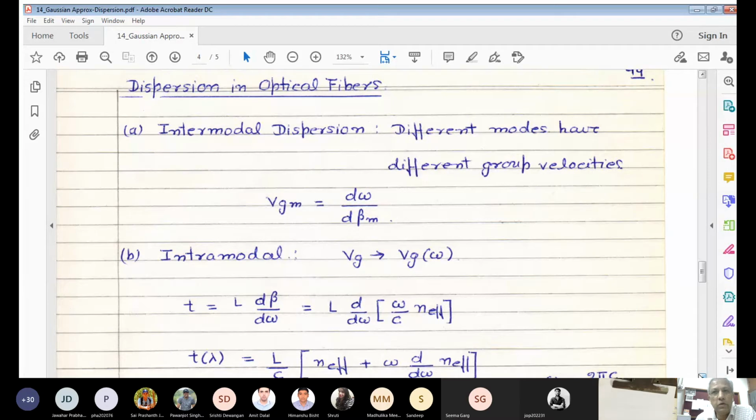Now this intermodal dispersion can be completely removed if I select the fiber parameters in such a way that the V parameter is less than 2.48 and only one mode is excited. Then there is no question of different modes, only one mode is present, so there is no intermodal dispersion.